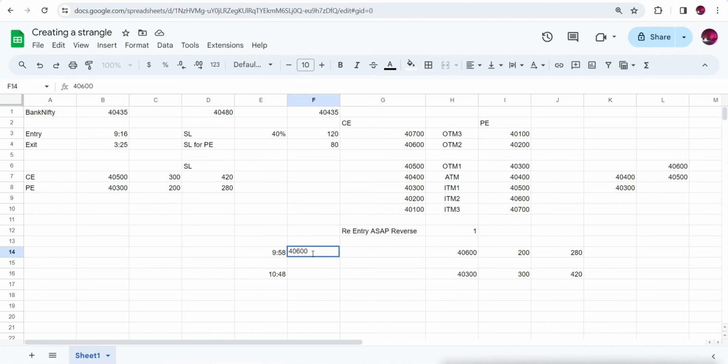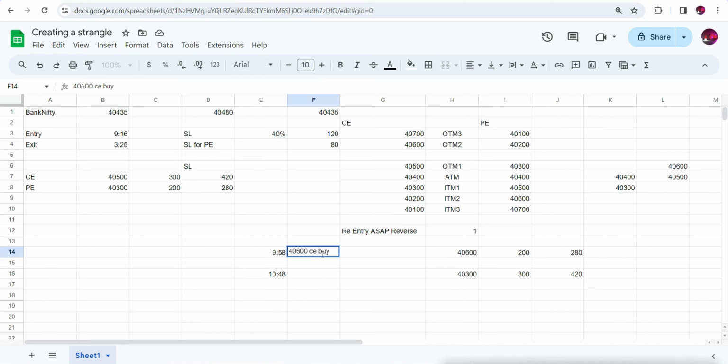Now according to normal re-entry ASAP, it would enter CE sell, call side sell, because our strategy was call and put sell. But because we have selected ASAP reverse, it will buy call instead of selling call.